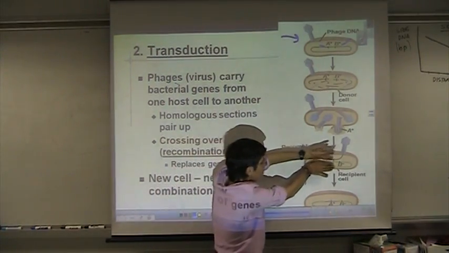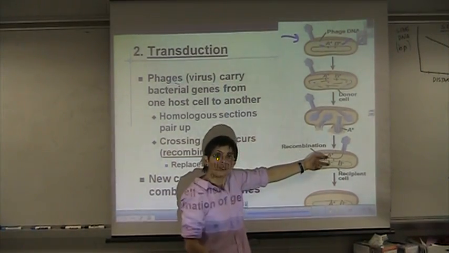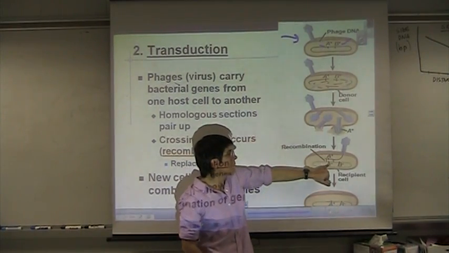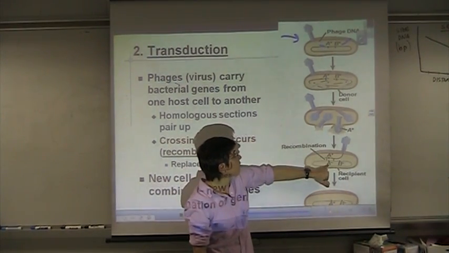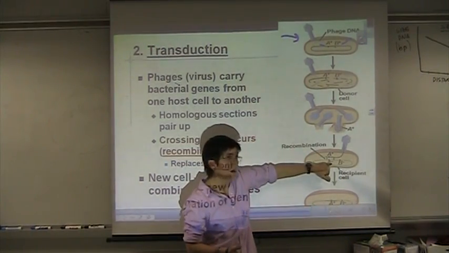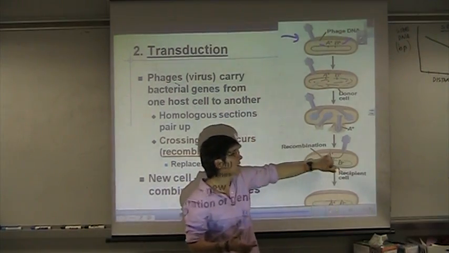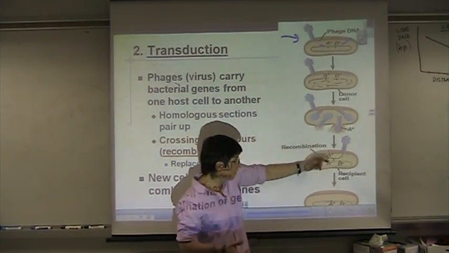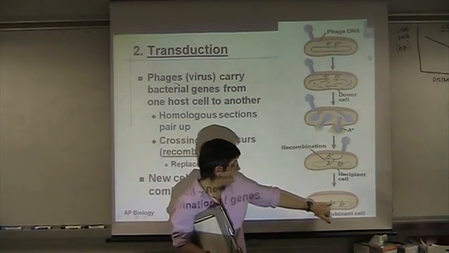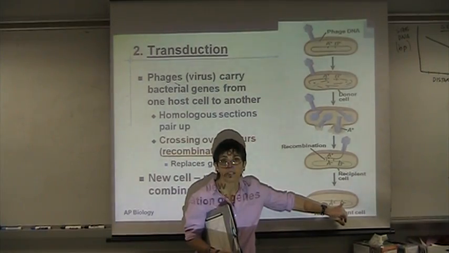Just by chance again, you might have crossing over there. If you have crossing over, basically you're going to replace the existing version of the gene, A minus, by the new version of the gene, the A plus. So the bacteria at the end ends up with an A plus and the original B that it had.